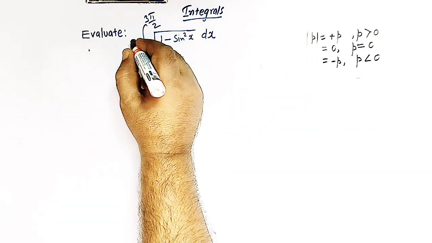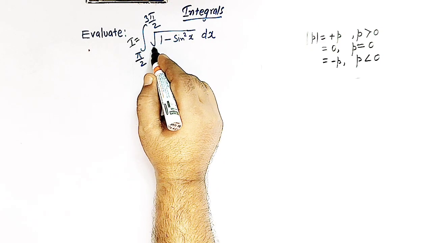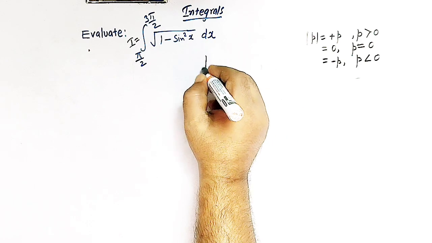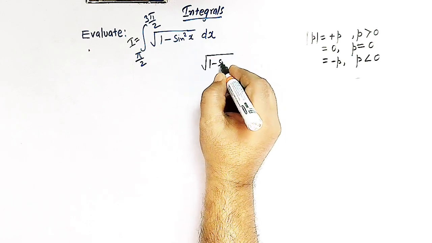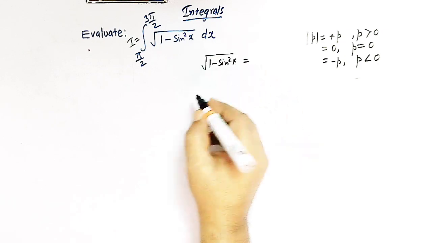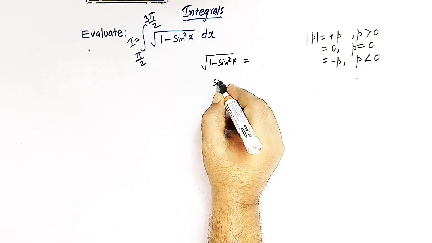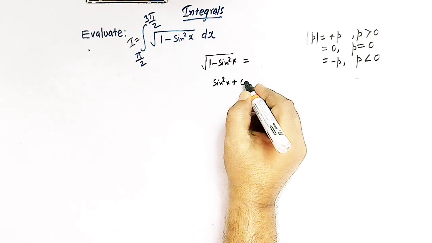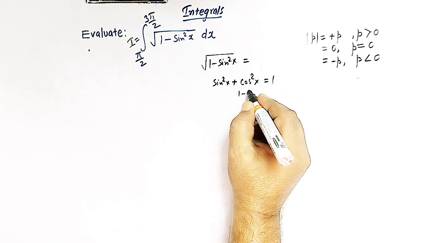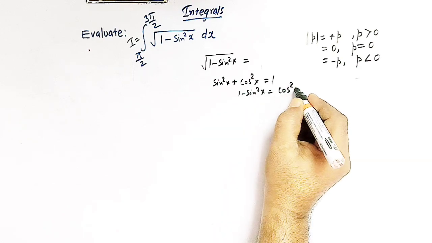Now let us first call this integral I, and let us look at this integrand. Here we have square root of 1 minus sine square x. From the trigonometric identity we know that sine square x plus cos square x is equal to 1, so 1 minus sine square x can be written as cos square x.